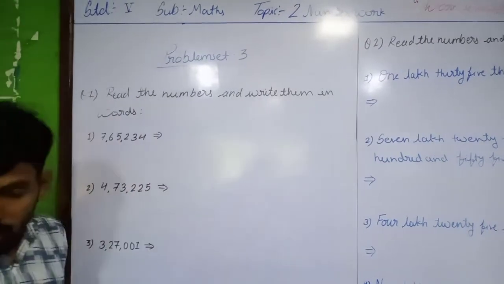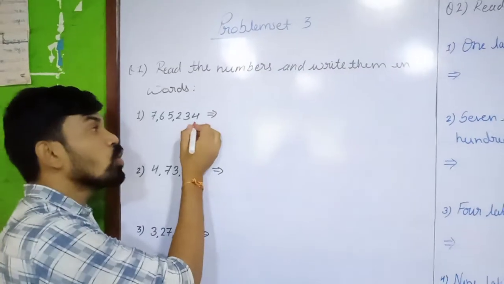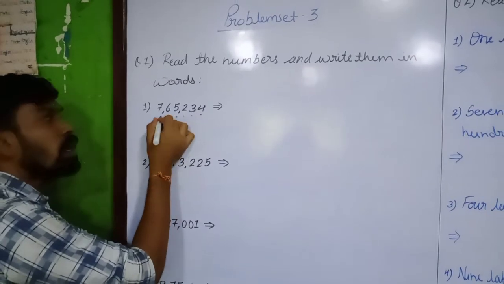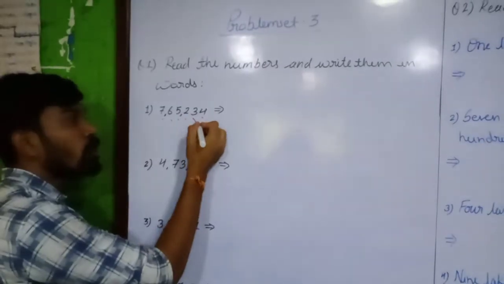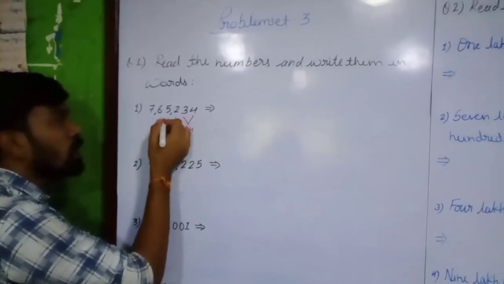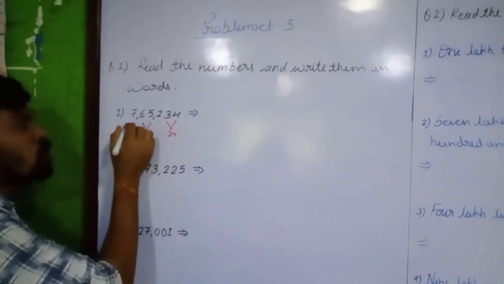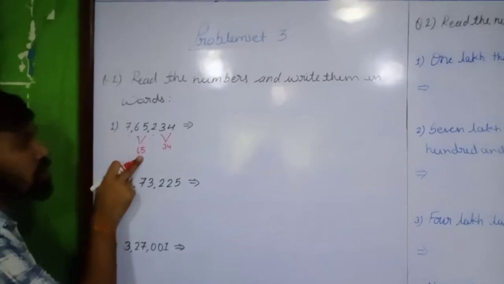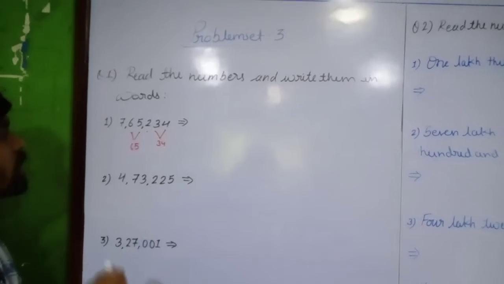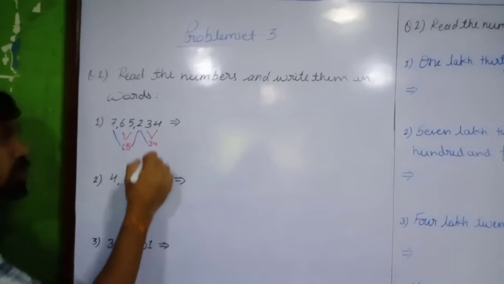Let's start sub question number 1. Again, we have to start with unit, 10, 100, 1000, 10,000, lakh. As we learned, unit and tens together will become 34. 100 individually, 1000 and 10,000 together will become 65. So 7,65,234. Once again, 7,65,234.